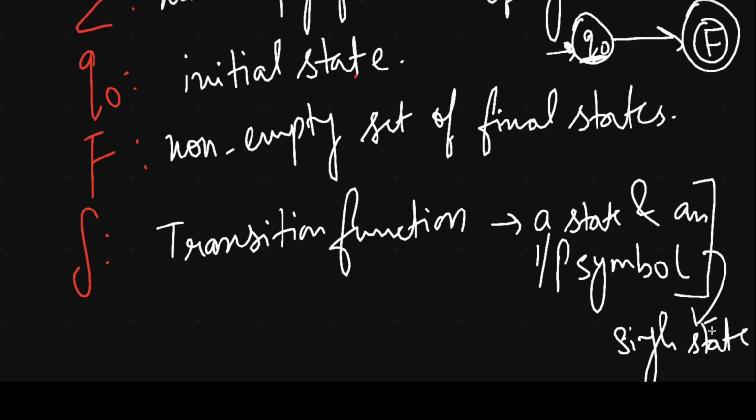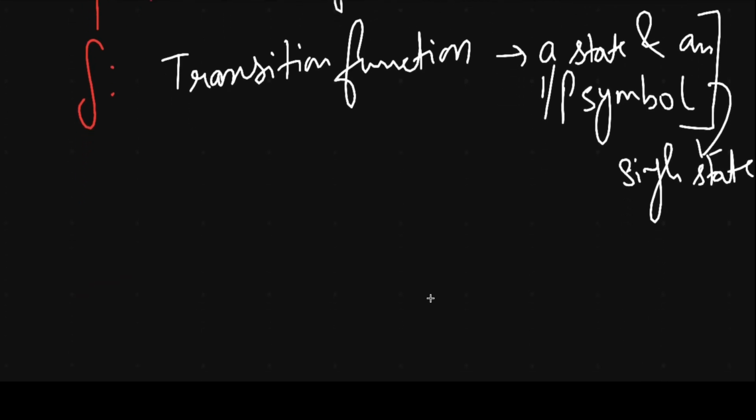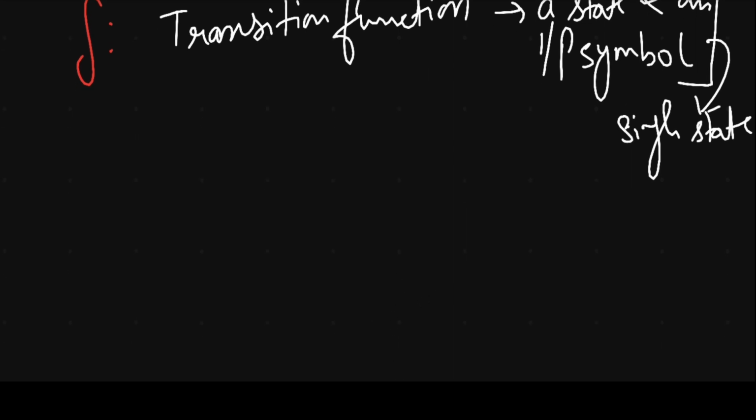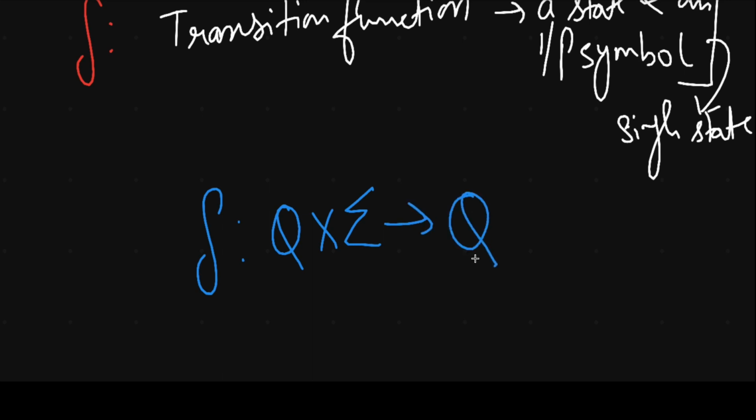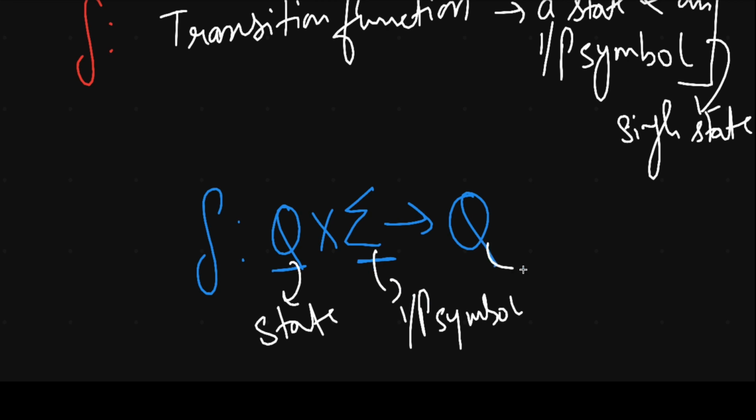The transition function in finite automata is described as Q cross sigma returns a single state, where Q is a state and sigma is an input symbol.